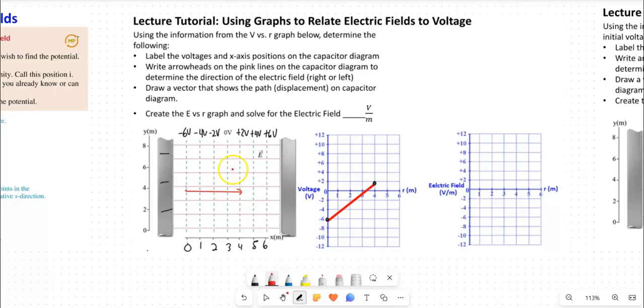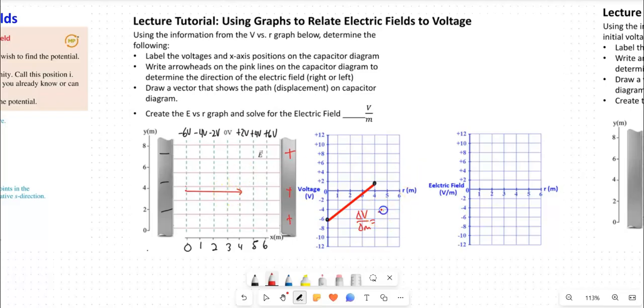Okay? And so now we could actually calculate the electric field at this point, right? So what is the slope here? Well, I'm going to do a real quick estimation of this slope. I want to know what delta V over delta x is equal to here. And so it's moving in the positive direction, or positive voltages, towards the positive plate here. So it's rising by 2, 4, 6, 8.